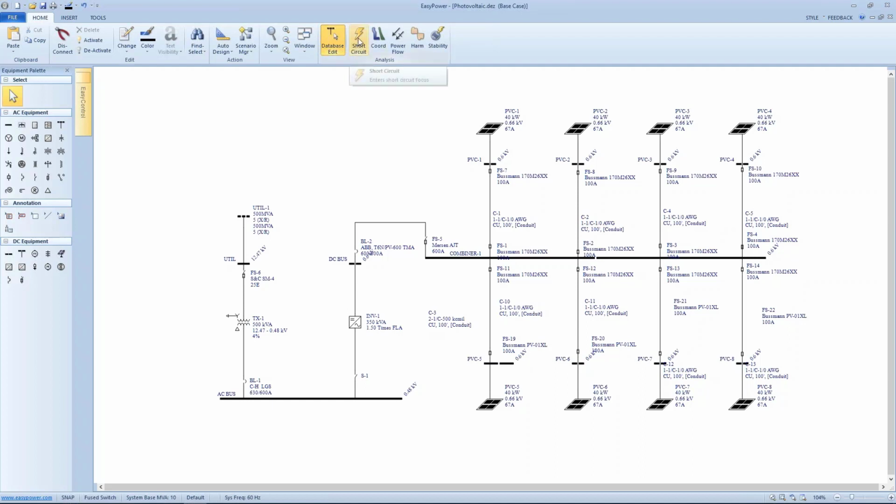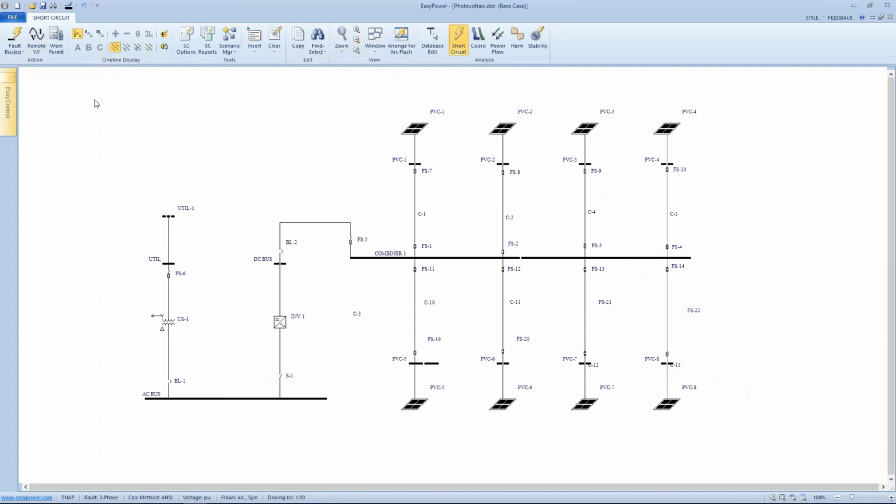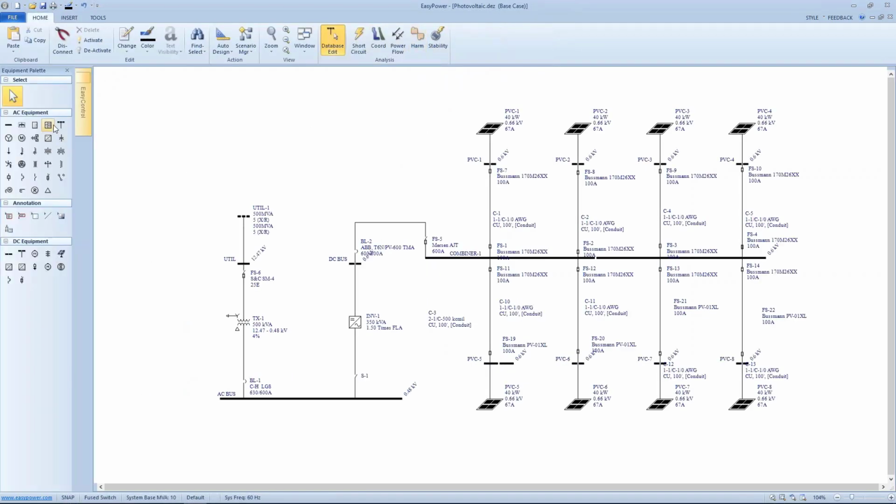All right, let's go back into short circuit focus. Now, we mentioned earlier, or I didn't mention earlier, but the tool, as I draw my one-line diagram, I have the ability to have both AC equipment, which is going to be over here in my utility connection, and DC equipment in my one-line diagram.